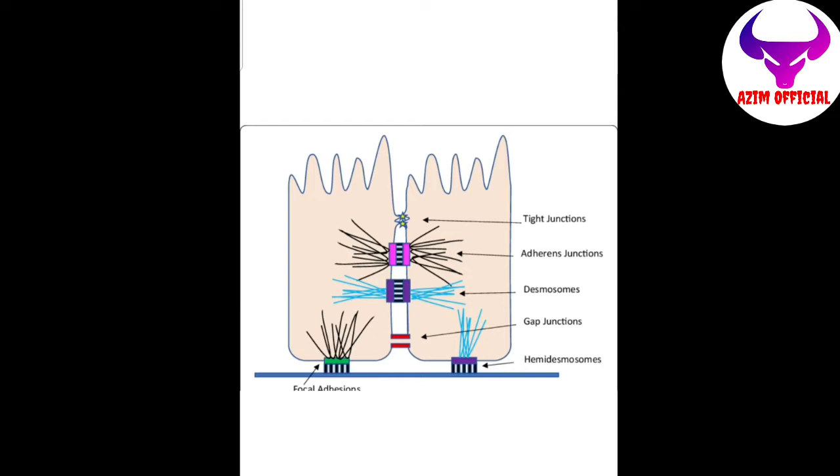Basal lamina means the structure with which the cells remain attached. So at the base where the cells sit, they attach to the basal lamina by hemidesmosomes.